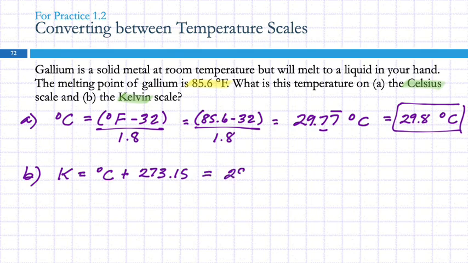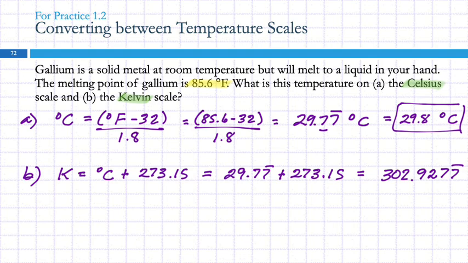So I've got 29.77 repeating plus 273.15. And that's going to give me 302.927 repeating.